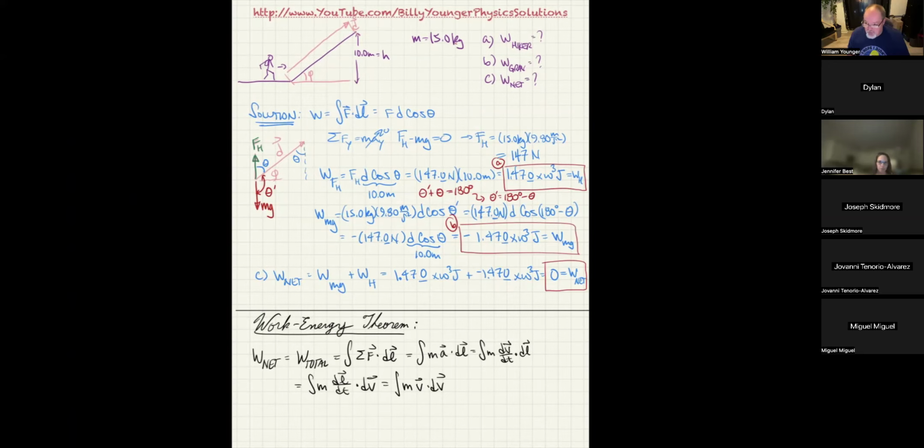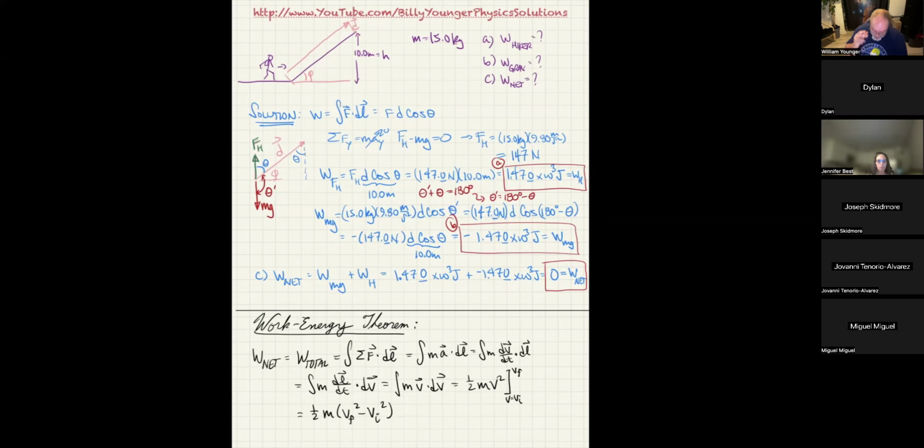And of course, the integral of v dv is 1/2 v squared. So what we get is 1/2 m v squared, and we're going to evaluate that from v equals v initial to v final. So it's going to be 1/2 m times v final squared minus v initial squared.